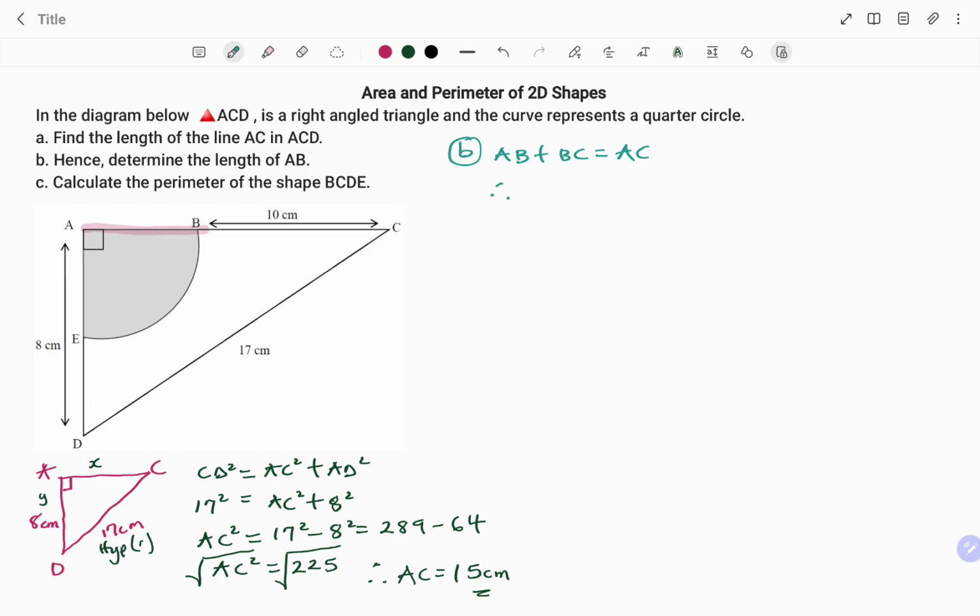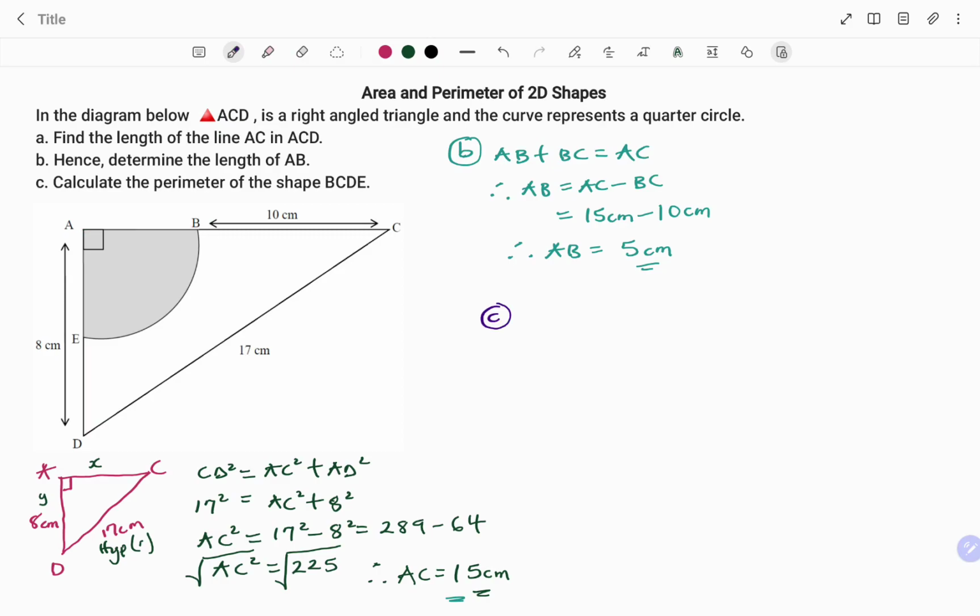Therefore, the length AB is equal to AC minus BC. We found the total distance AC to be 15 centimeters, minus BC has been given as 10 centimeters. Therefore, the line AB is equal to 5 centimeters.